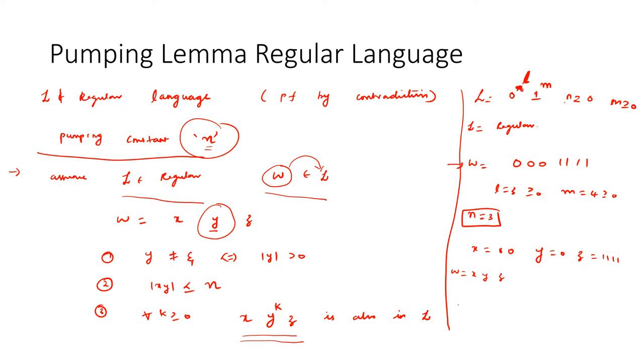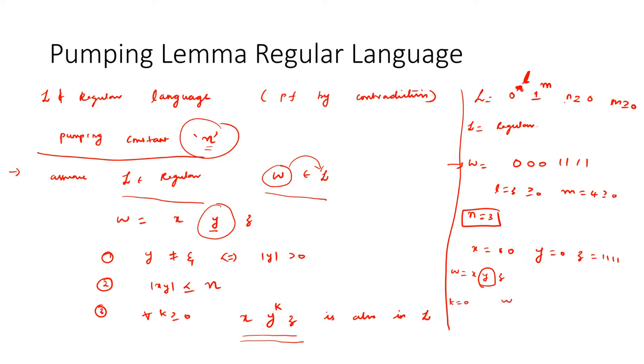Now what does pumping mean? Pumping means that you repeat the portion y 0 or many times. When k equal to 0, you repeat 0 times, that is you substitute y equal to epsilon. When k equal to 1, you repeat y exactly one time, and when k equal to 2, you will repeat y two times. Let us see what will happen if k equal to 0.